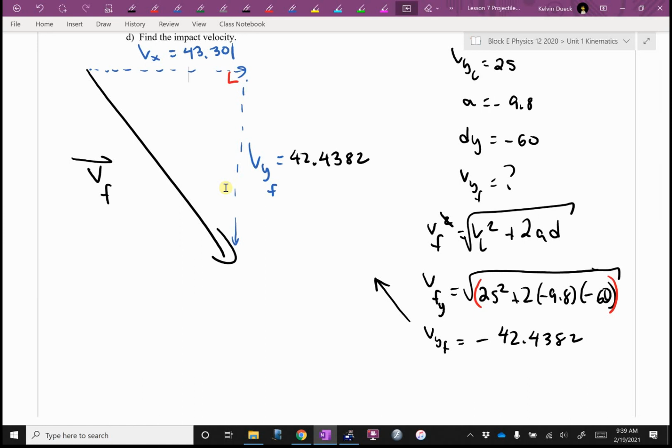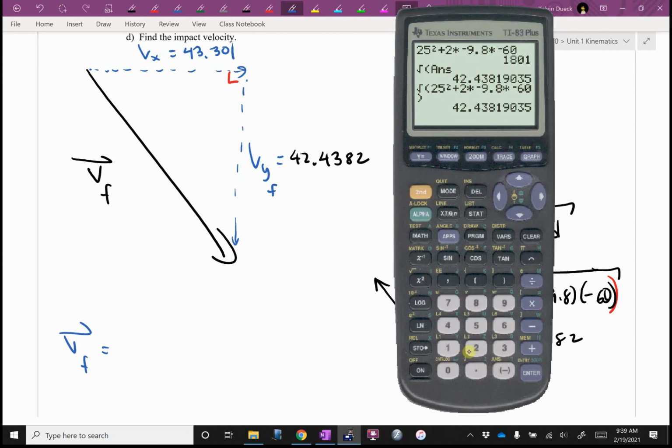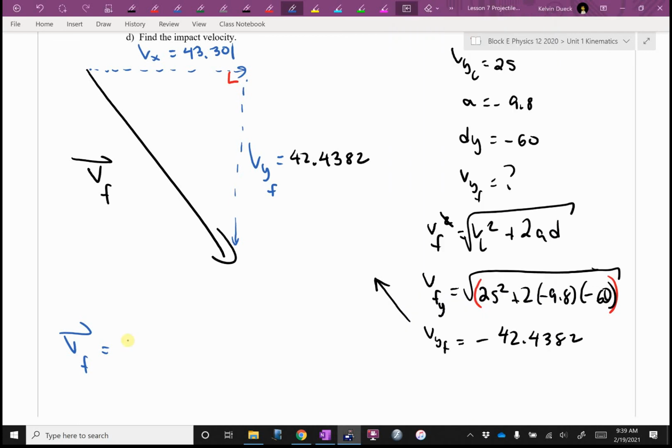So the magnitude of V final is going to be the square root of 43.301 squared plus 42.4382 squared, which is 60.6. That's the magnitude, that's the speed.